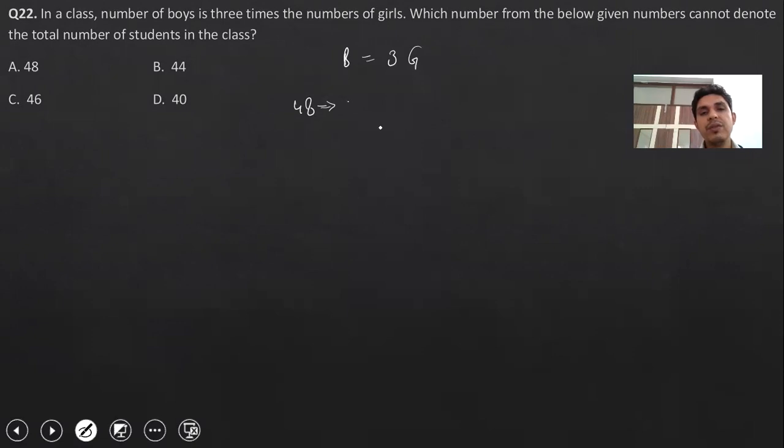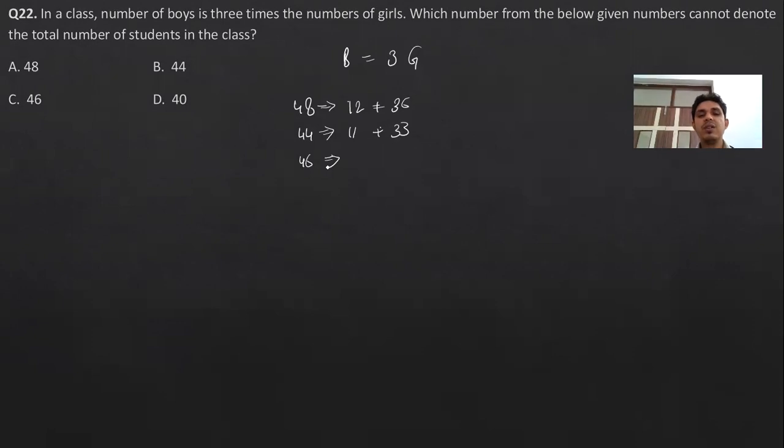If we put the number of girls as 11, then boys should be 33 and the sum will be 44. If we check for 46, we cannot divide 46 into 4 equal parts, right? So the answer of this question will be 46.